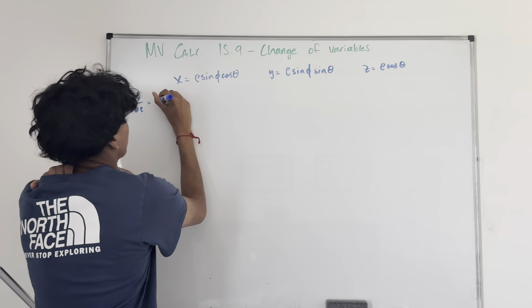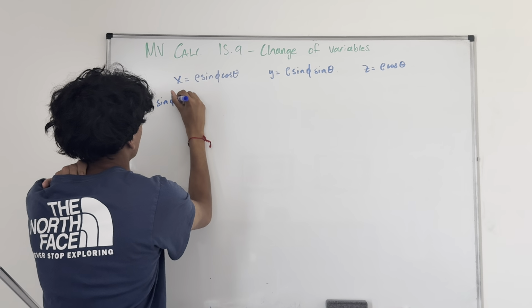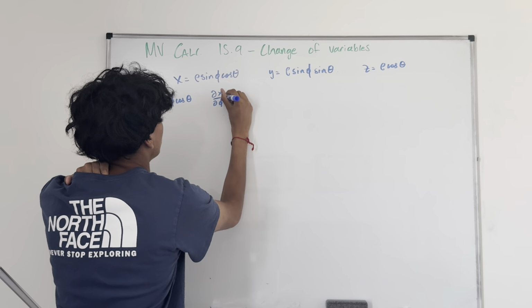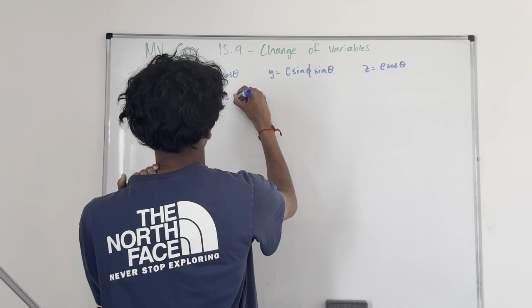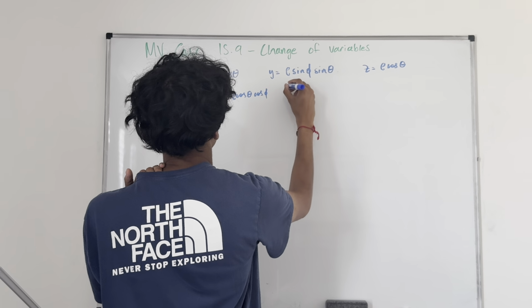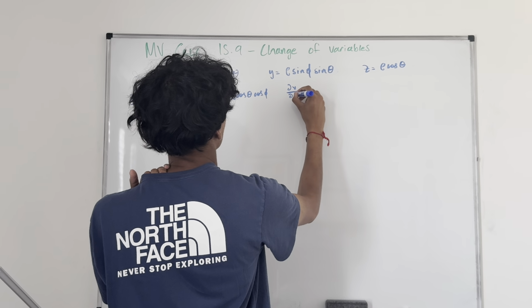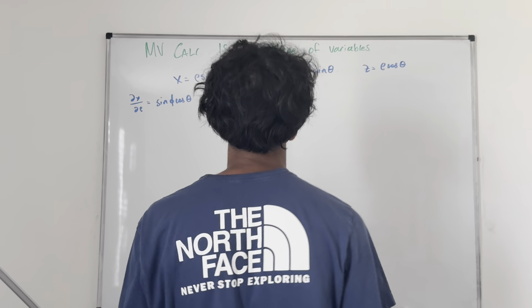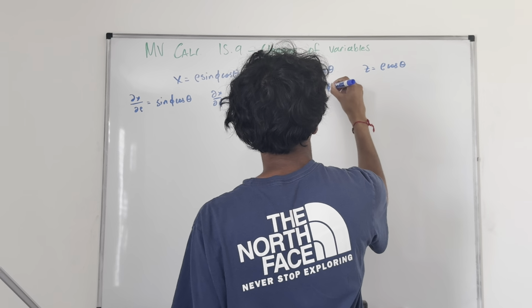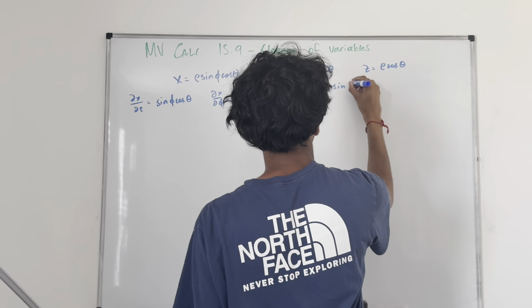Partial x, partial rho is going to equal sine phi cosine theta. Partial x, partial phi is going to equal rho cosine theta cosine phi. Partial x, partial theta is going to equal rho sine phi negative sine theta.